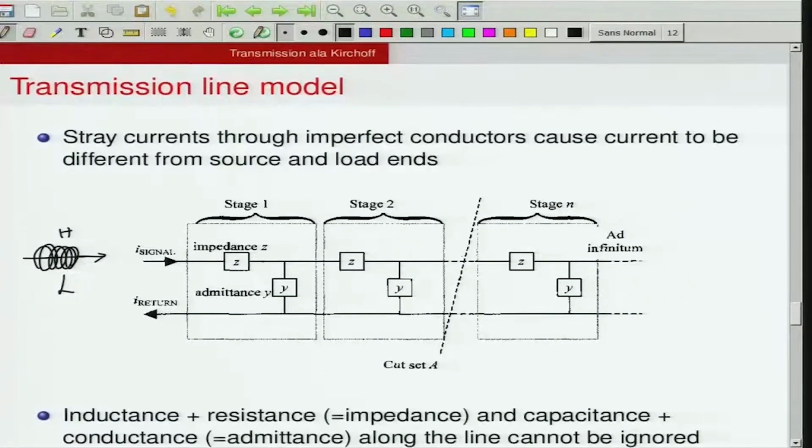So if they are not perfect, then there will be some leakage current through this conductor, in the form of I square R losses. These things will be incorporated by considering each of these conductors as composed of sections of resistance and inductance.